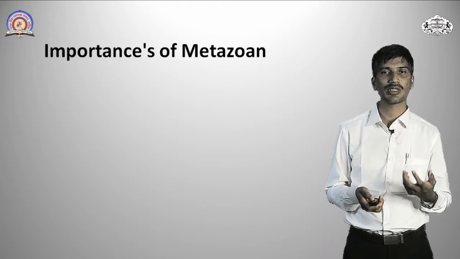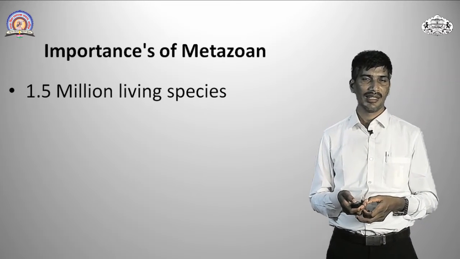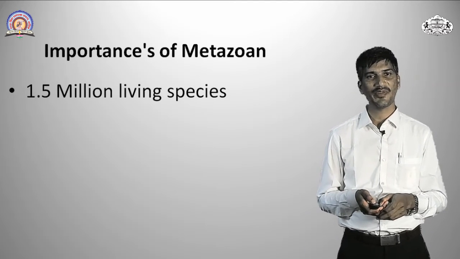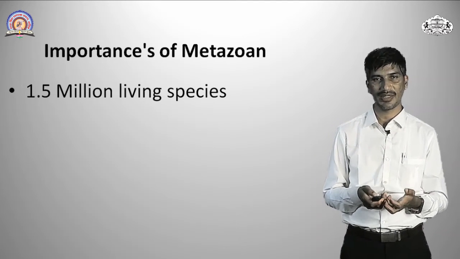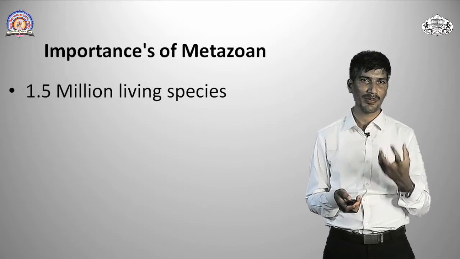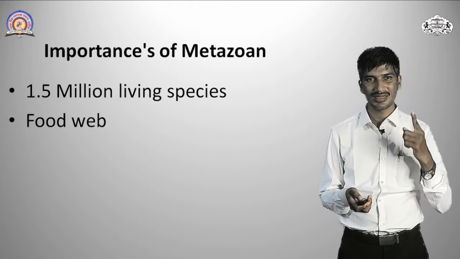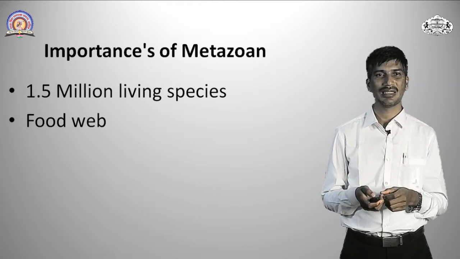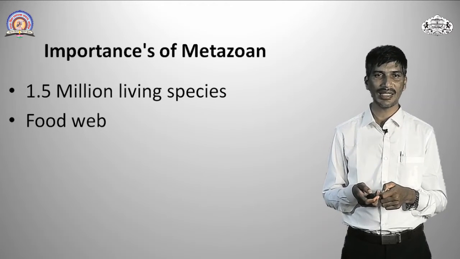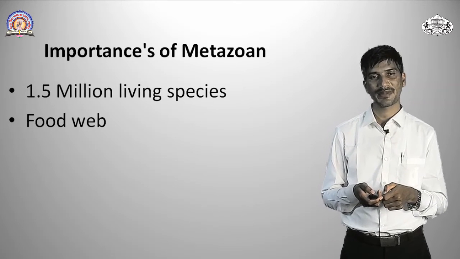Which are the important aspects of the metazoan animals? We will go one by one. Here in nature, till today about 1.5 million living species are found in the environment, and these 1.5 million species are metazoan animals. They are interconnected together in the form of food webs.